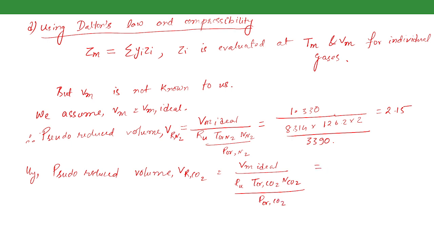So this is 1.330 divided by 8.314 multiplied by 304.2 multiplied by 6 divided by 7390. So this is 0.648. Okay.